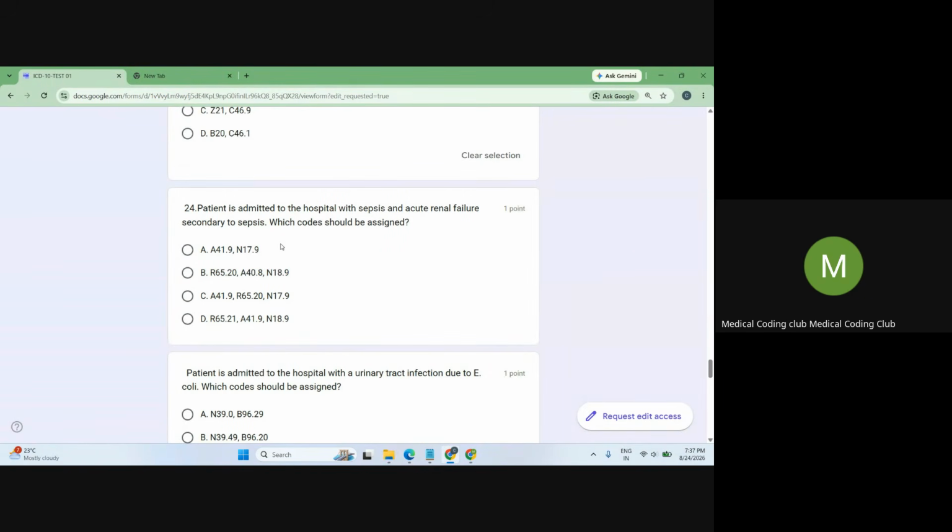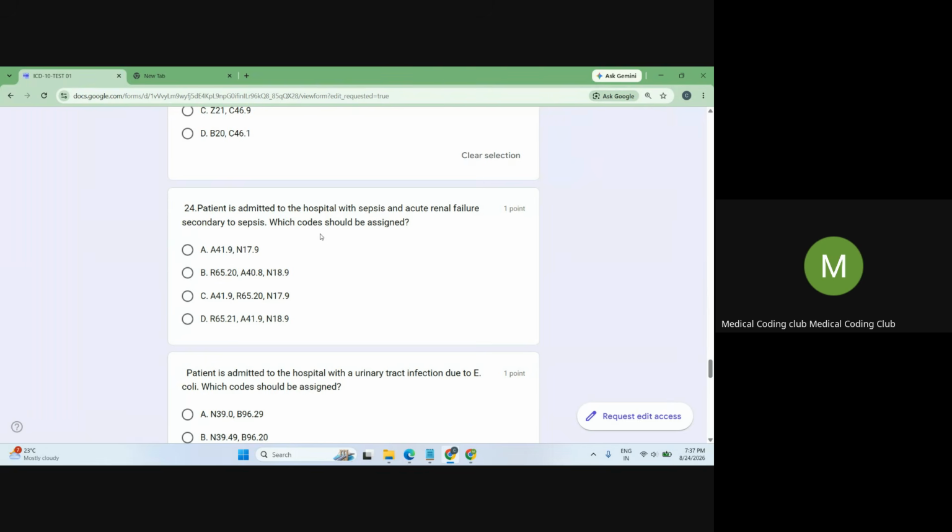Patient is admitted to hospital with sepsis and acute renal failure secondary to sepsis. Which code should be assigned? You have to follow the sepsis coding guideline. What is the sequencing rule for sepsis? Sepsis, severe sepsis, and then acute renal failure. Correct. You will code the sepsis code first. You will check whether the sepsis organism is identified or not.